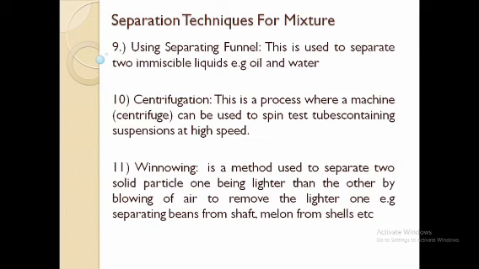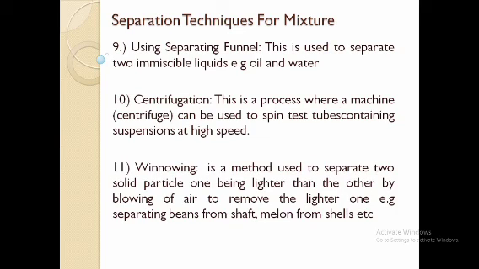Centrifugation is a process whereby a machine known as a centrifuge can be used to spin a test tube containing a suspension at high speed. After the spinning, the heaviest particles settle at the bottom of the test tube, while the clearer solution separates out at the upper layer. Next we have winnowing.